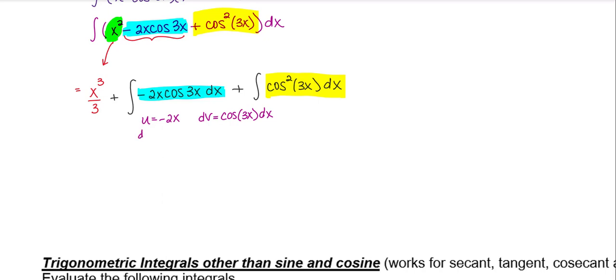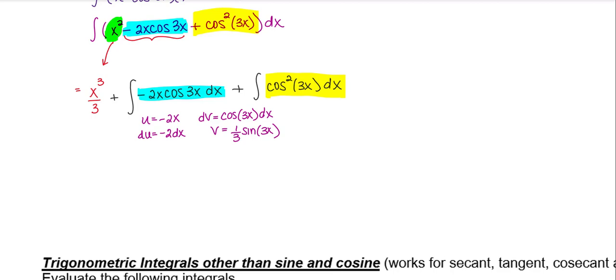Well, then if I have u, I need to find du, so derivative of negative 2x would be negative 2 dx. And the antiderivative of cosine of 3x with respect to x would be 1/3 sine of 3x, because remember, you have to divide when you're doing that antiderivative.